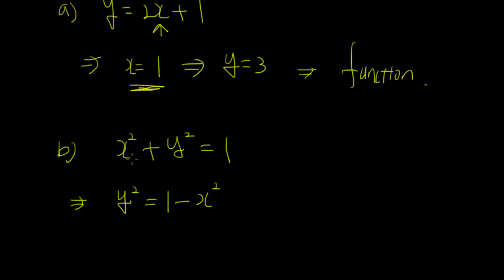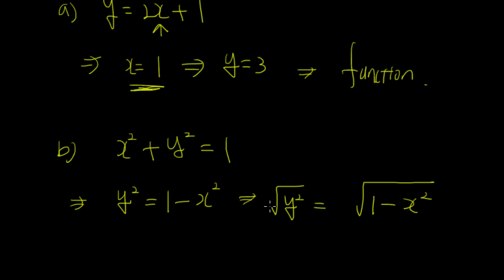So what we did, we moved this x squared to the other side, and we have this. I want to get rid of this square, so we're going to take the square root on both sides, so y squared equals the square root of 1 minus x squared.